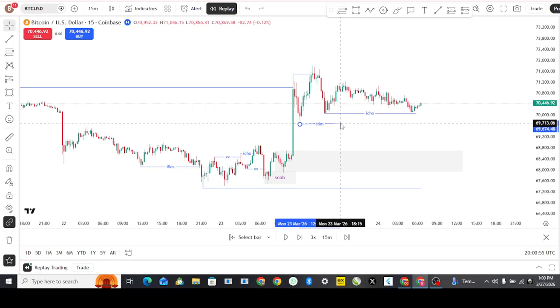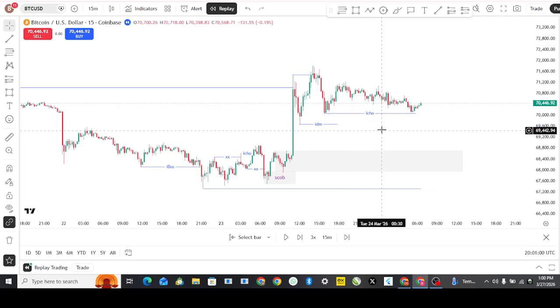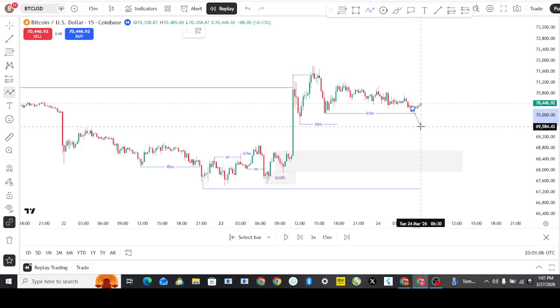But remember, this is where our inducement is sitting. Are you getting it? So let's say after the market closes below here or sweeps here, then we can use this order block to set to this zone. Understand?